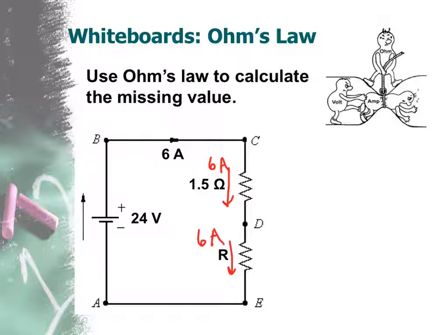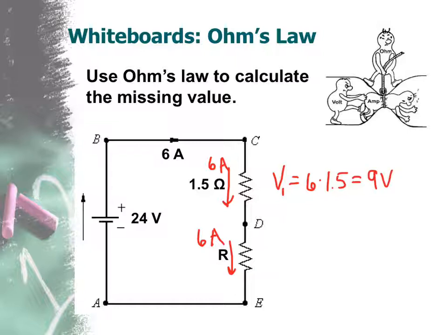So if I apply Ohm's law to this first resistor, the voltage drop across resistor 1 is equal to the current, which is 6, times the resistance of the resistor, which is 1.5. When you multiply those two together, you get 9 volts.